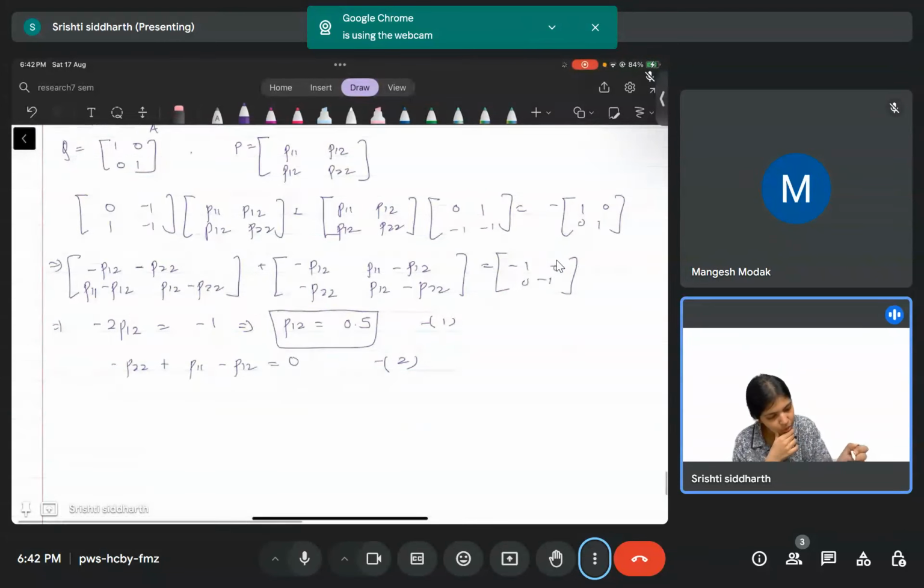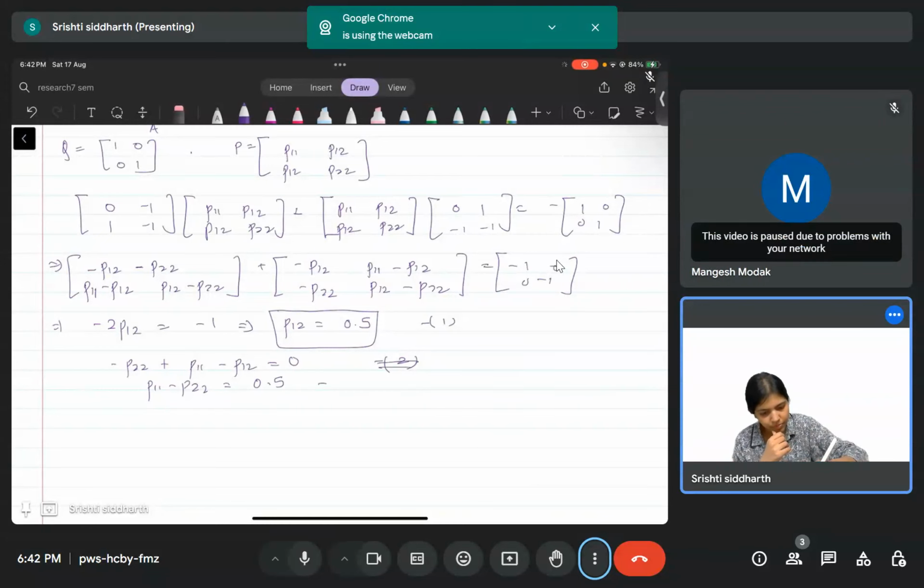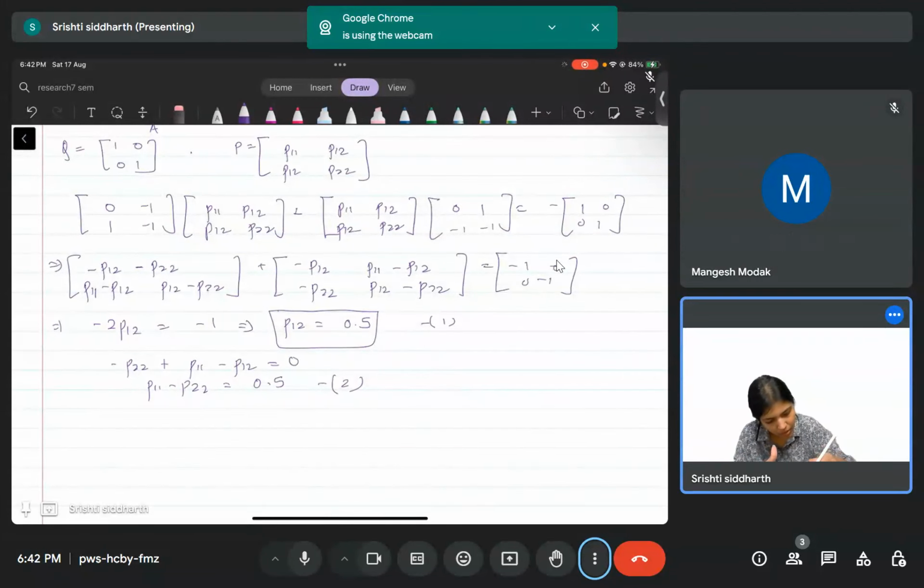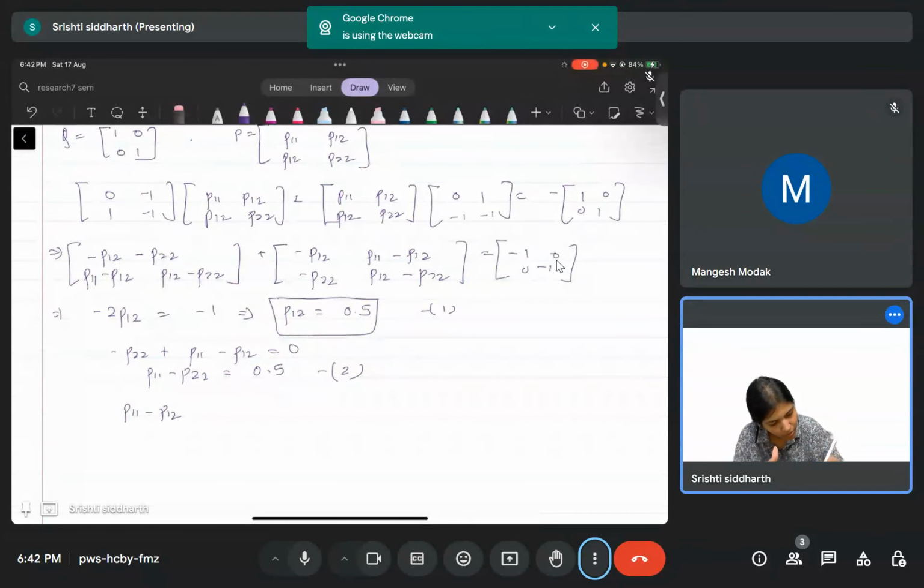When we have P12 from here, P11 minus P22 equals 0.5. Yes. P11 minus P12 minus 1.